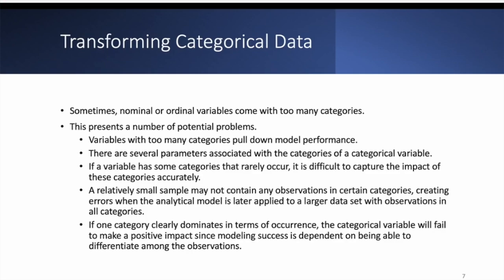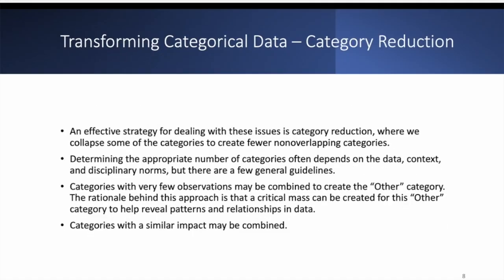Finally, if one category clearly dominates in terms of occurrence, and we will see this a lot, the categorical variable will fail to make a positive impact because the modeling process is dependent on being able to differentiate among the observations. As I said, this will be seen a lot. So in this case, we have to use something called category reduction. The effective strategy to deal with such issues is category reduction. What we do is collapse some of the categories to create fewer non-overlapping categories.